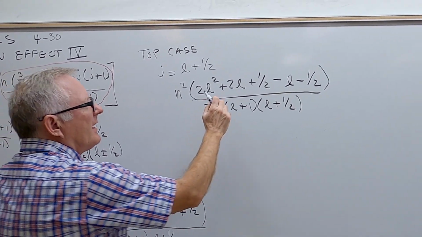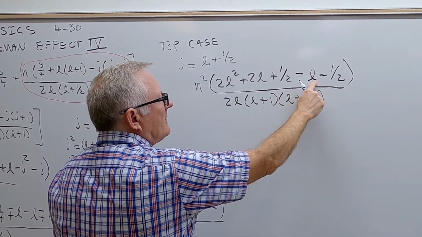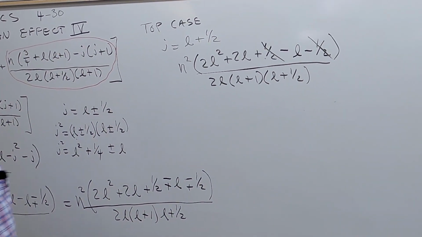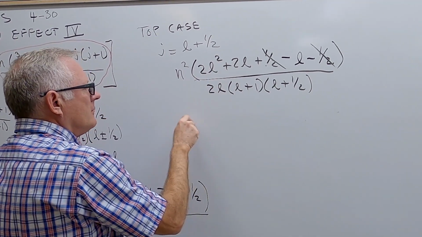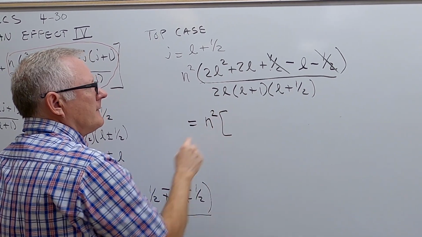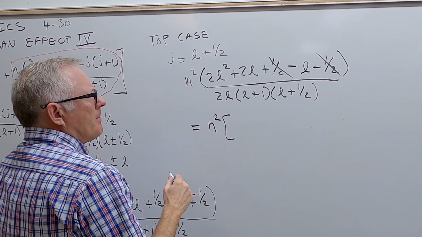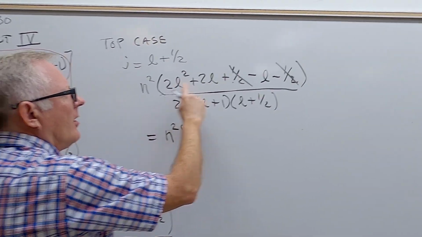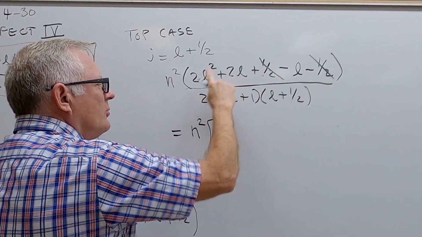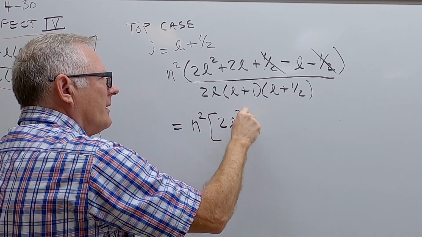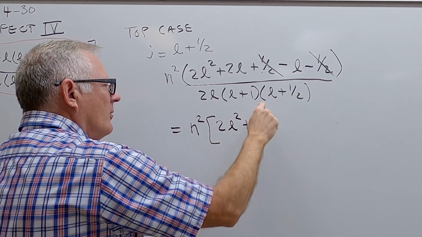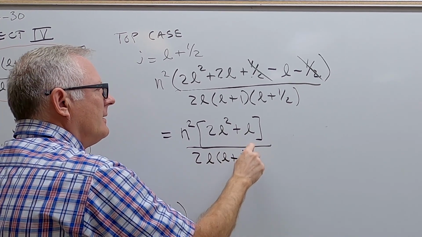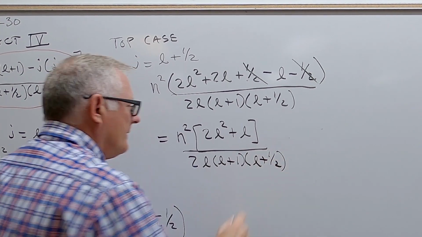Okay, now we get a 2L minus L, the halves dropped out, and we get n squared and 2L squared. Oh, this is just plus L. This is just 2L squared plus L, all over 2L, L plus 1, L plus 1 half.